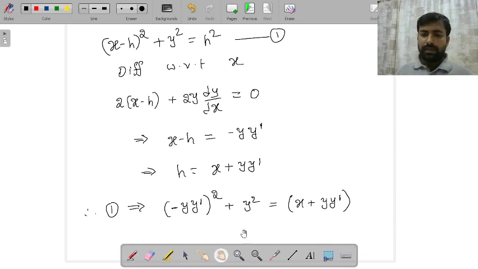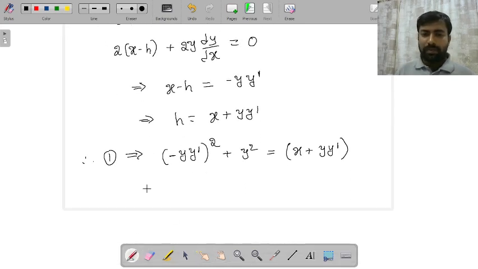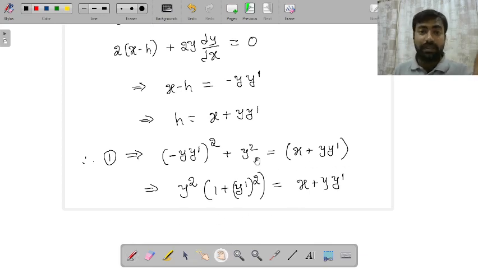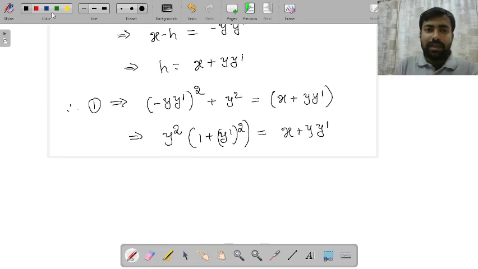Now let us try to simplify this. Here you can take y square common. So y square into 1 plus y prime square equal to x plus y into y prime. Now this is the differential equation which is satisfied by the given family of circles. Better let me write it in dy by dx form.